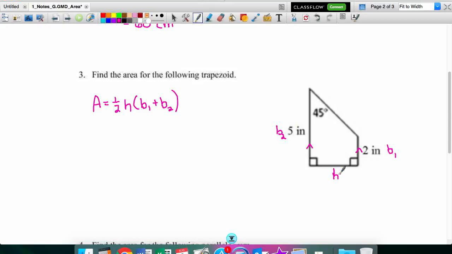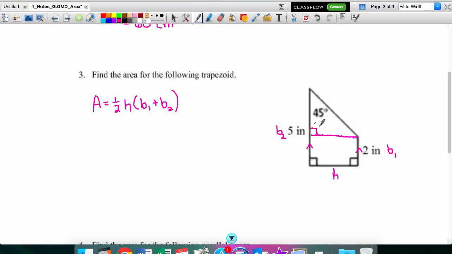When you're missing a piece of information in your figure, look for a triangle. I see part of a triangle, but it needs a third side to make a full triangle. If we look at the top of our trapezoid, we see a 45, 45, 90 triangle.